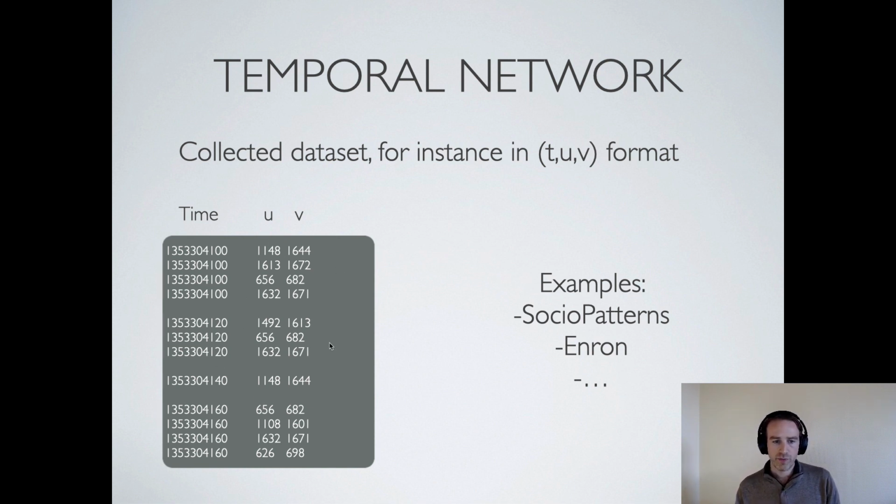But this kind of dataset, this representation of a temporal network, is very common, and if you get a dataset on the internet, often it will be in this format. For instance, the Enron dataset, the famous dataset of email exchanges between employees, is also in this format.